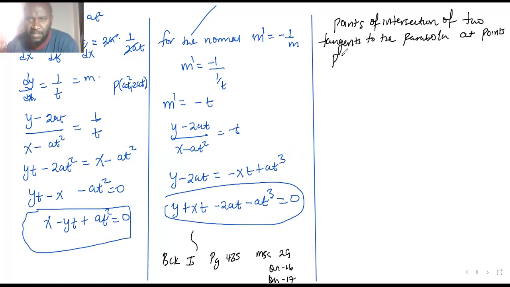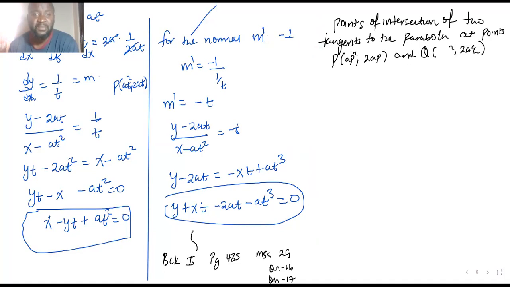The first one is P, which is ap squared, 2ap. And the second one is Q, which is aq squared, 2aq. That's why I told you they will always vary the t. Now they have brought the t here in terms of p and q. So don't be confused, be steady. Be like students who are taught by 5-star teachers and be like, yeah, I can understand this parabola.